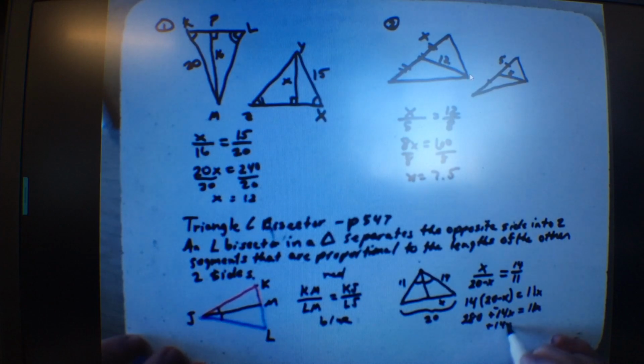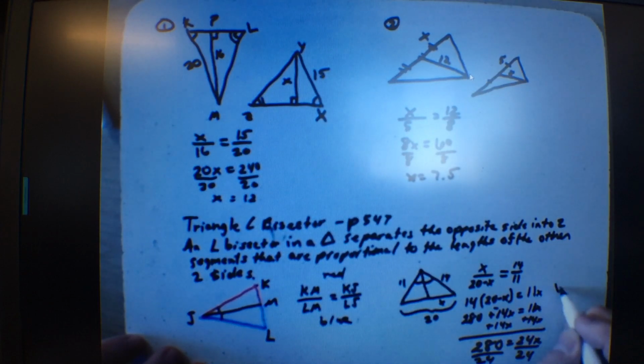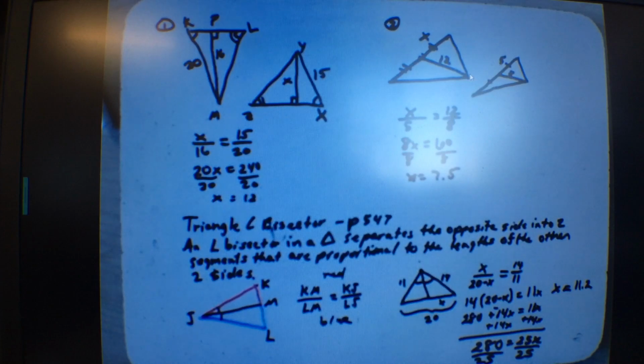Okay. So I'm getting 280 equals 25x. Thank you. It's still a fraction though, isn't it? X equals 11.2. Okay, do you see how to do that? Are there any questions about that?